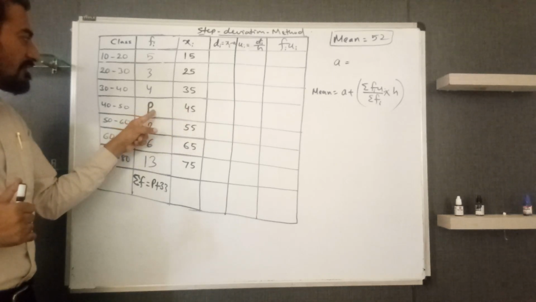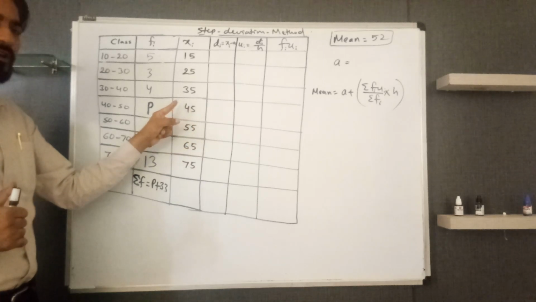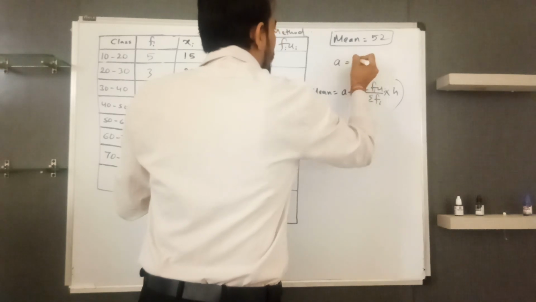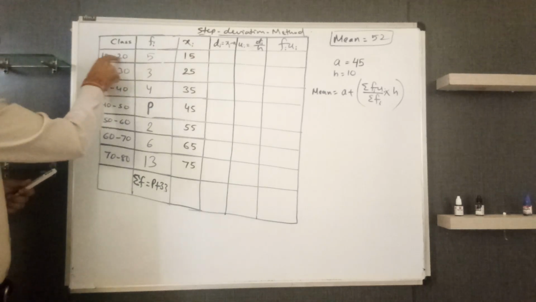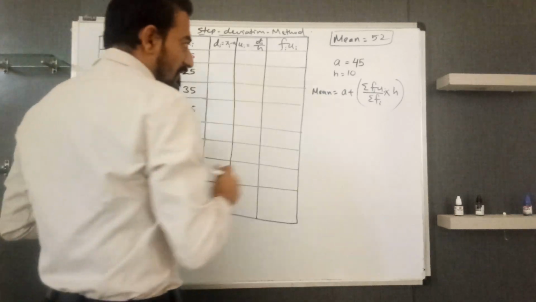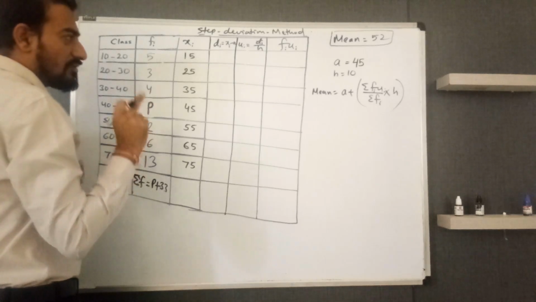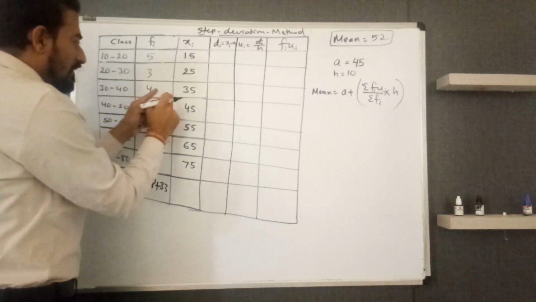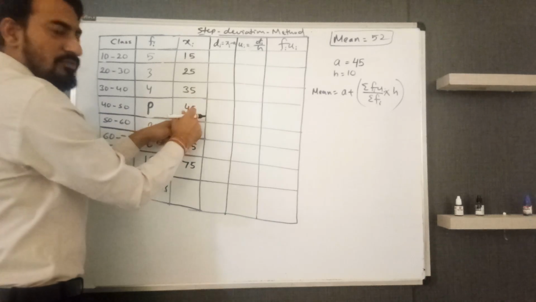So here P we have missing frequency and its respective class mark we have 45. So A should be 45. H we have 10, the class size. The difference between limits is what? The class size. Now next, for this we need D, U and Fu. So if you have watched my previous class, then I have told you the respective values of what? Assumed mean will be 0.